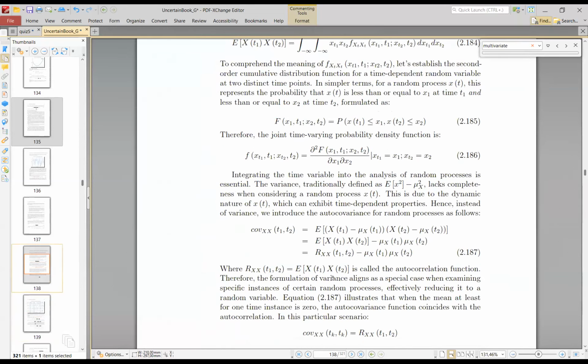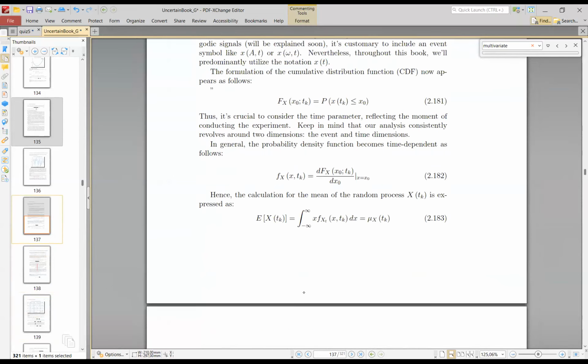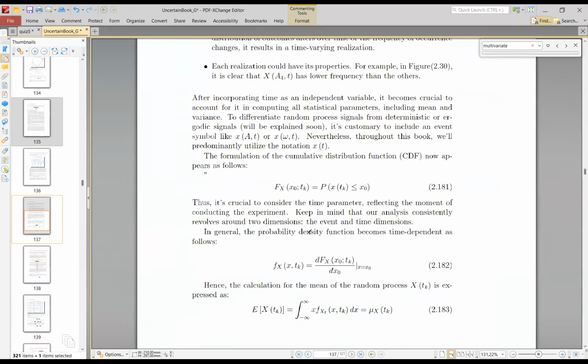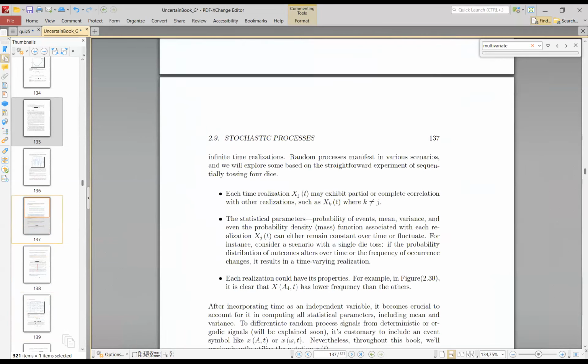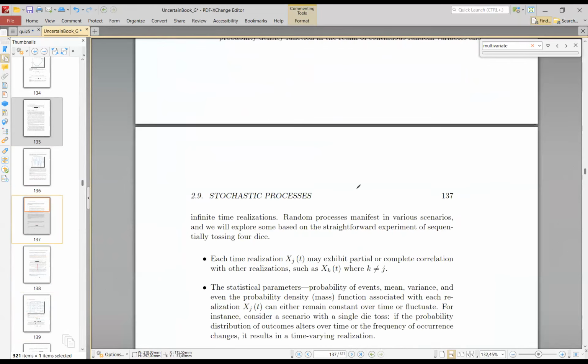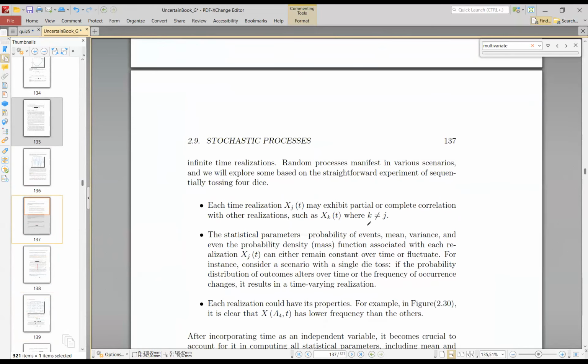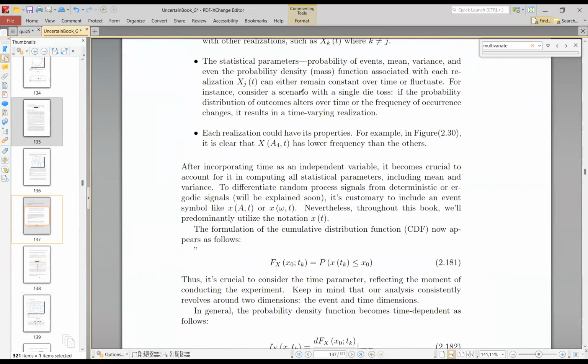So now, if we go back to the equations, as I explained before the lecture, you can see that all what we have seen in the random variable, we can apply again in the random process. For example, if you want to compute the cumulative distribution function of any random process, remember that when we talk about the cumulative distribution function, in general, we say that it is F_X of, let's say, x0.